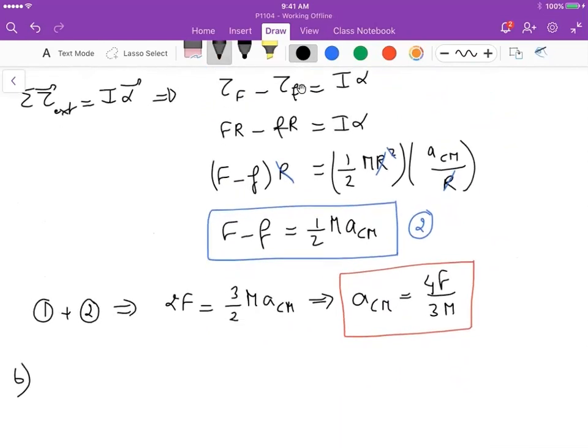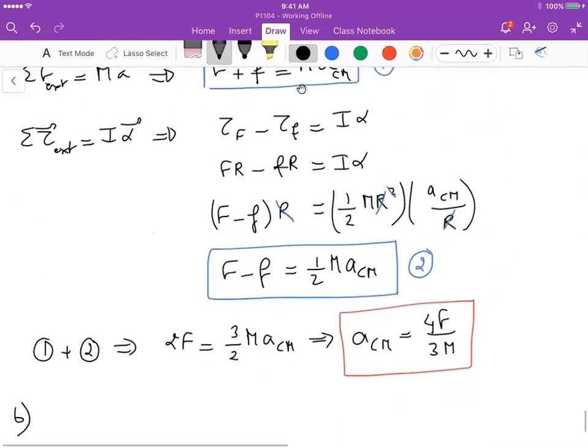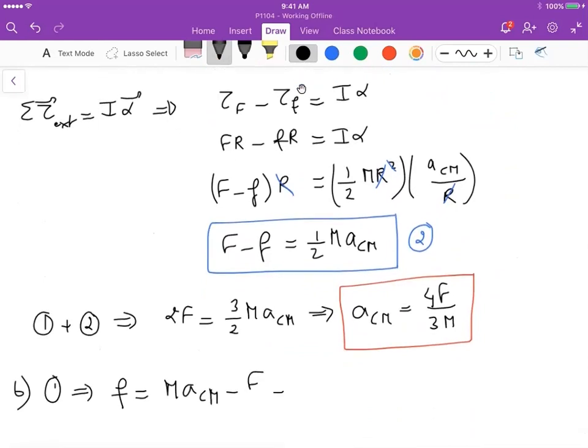So we can write f from equation number 1: the friction force F is equal to m multiplied by a center of mass minus force F applied on the wheel, on the spool of wire.